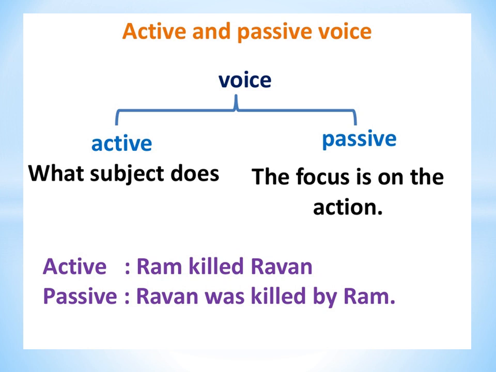So, the focus was on the subject. But if I'd like to move this sentence from the active one to the passive one, I am going to use: Raven was killed by Ram. That is to say, I move the object to the beginning of the sentence, then the verb, then the subject at the end.